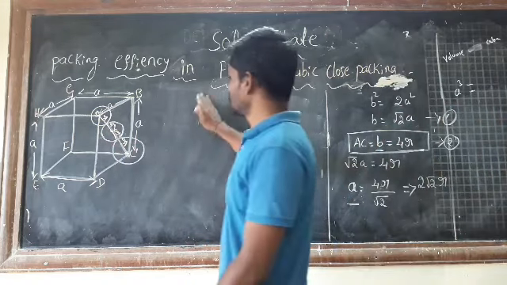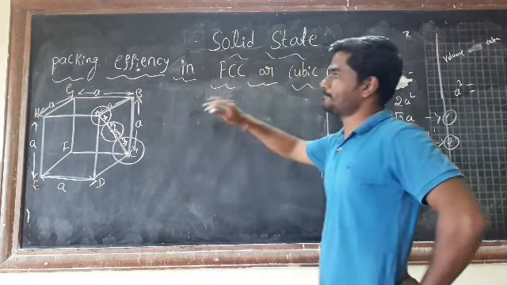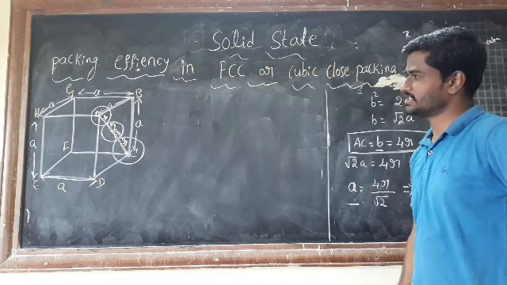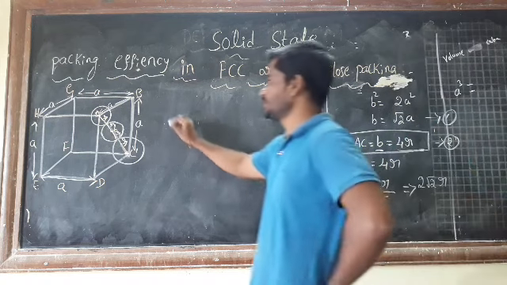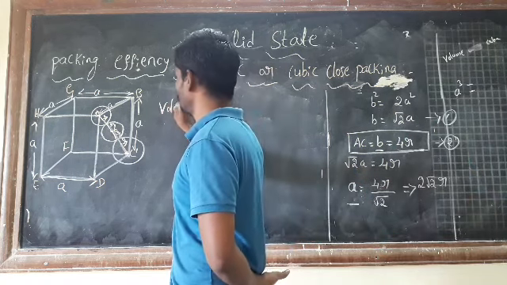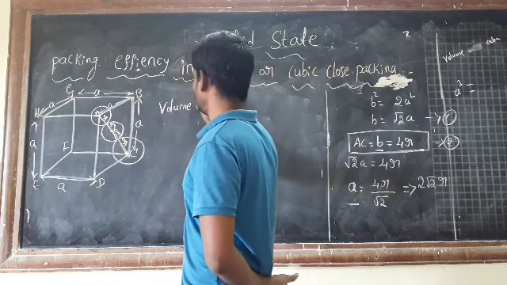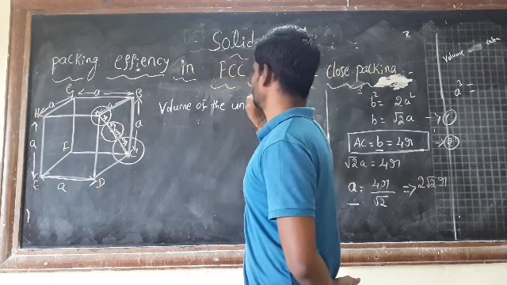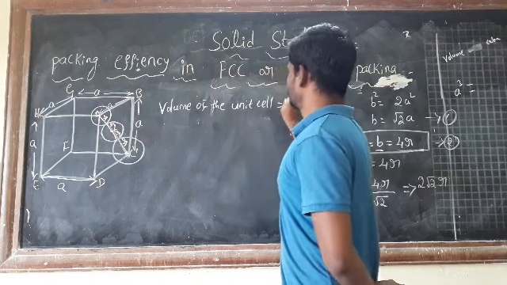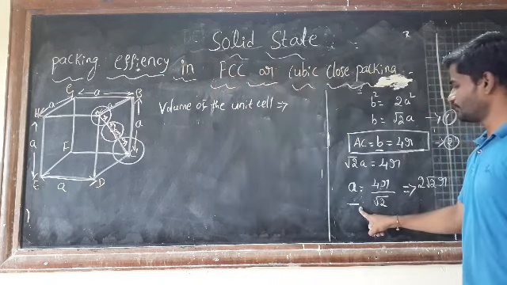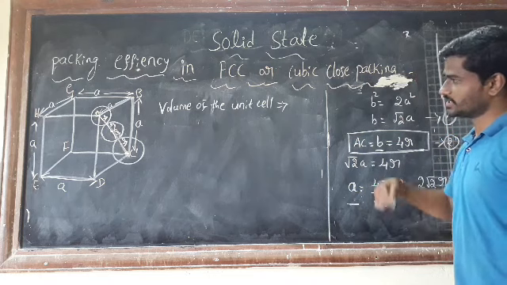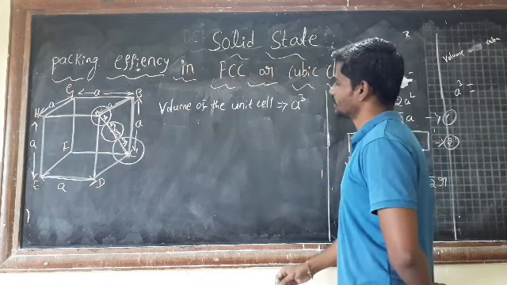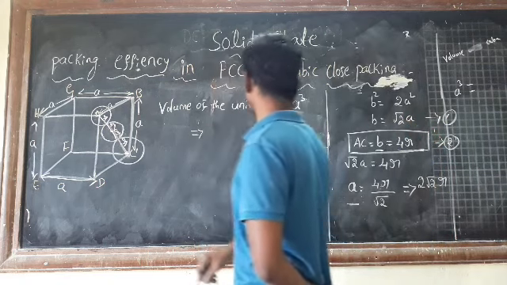Now we have to calculate the packing efficiency. When we calculate the packing efficiency, we must know the volume of the unit cell. We have already found the edge length. What is the volume? Volume is equal to A cube.